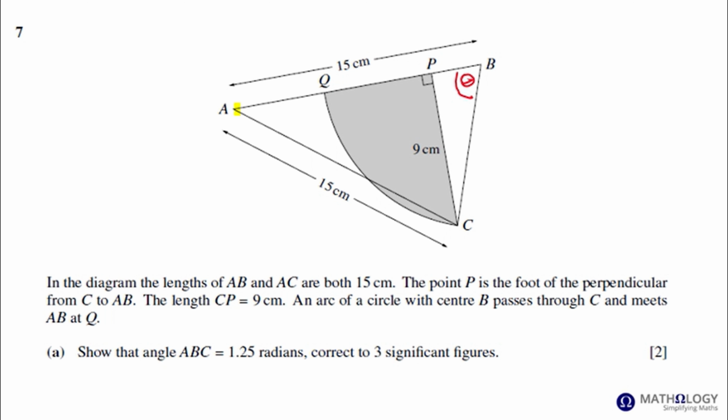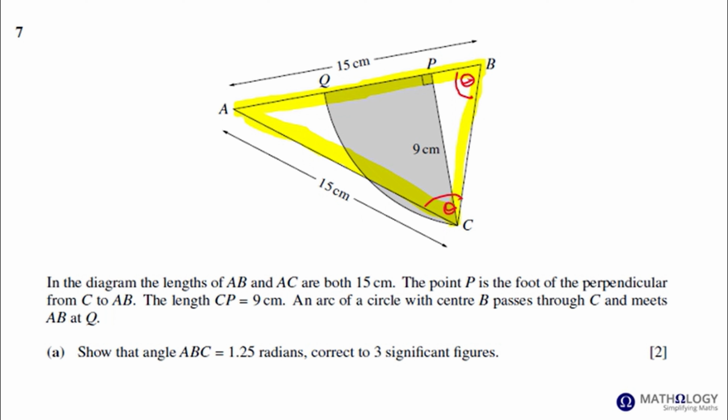We have an isosceles triangle ABC because AB equals AC, which is 15 centimeters. So angle ACB is therefore also theta.